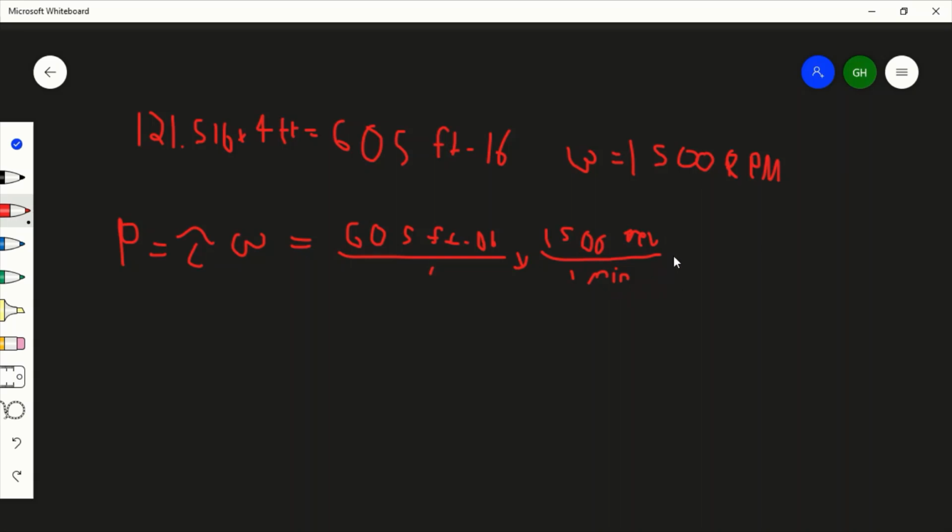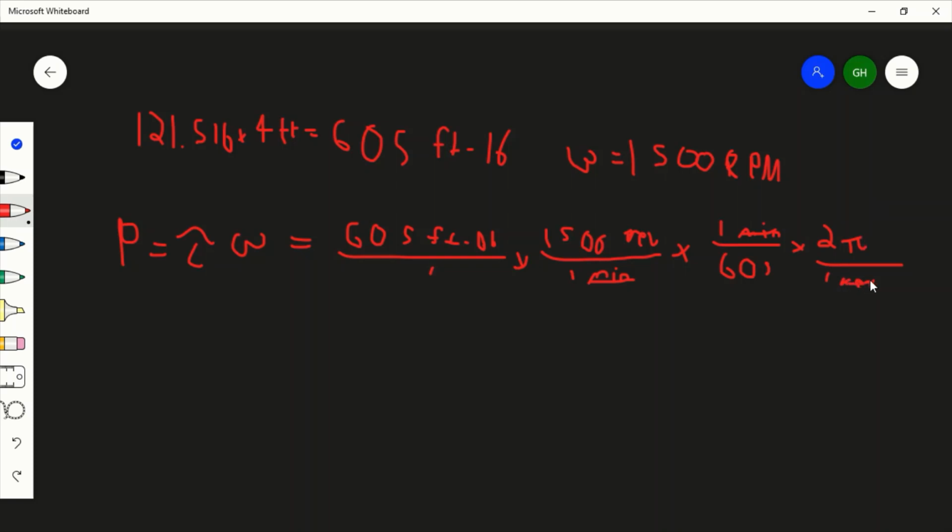So we'll use conversion factor, and we'll say 1 minute is equal to 60 seconds, which I think we can all agree on. And now for revolutions, we know that 1 revolution in radians is equal to 2 pi. 1 revolution is 360 degrees, or 2 pi.